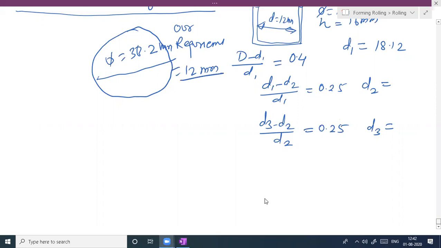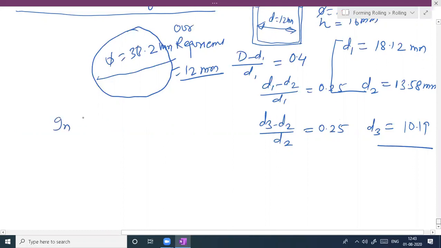Second draw, 13.58 millimeter. Third draw, 10.19. So in two draws it is not possible. You have to take a third draw also.